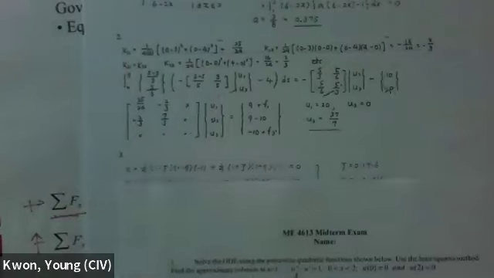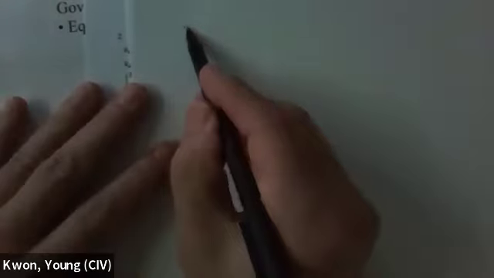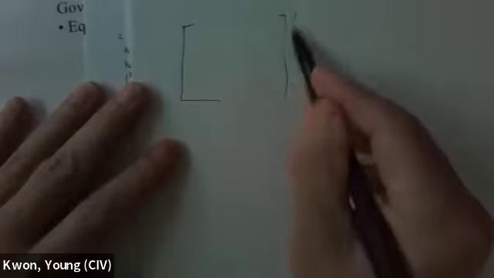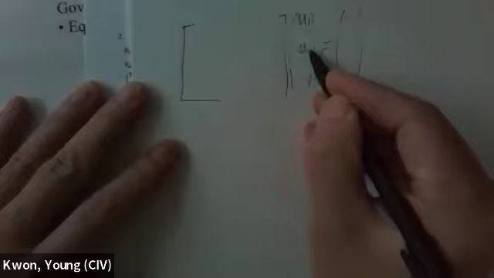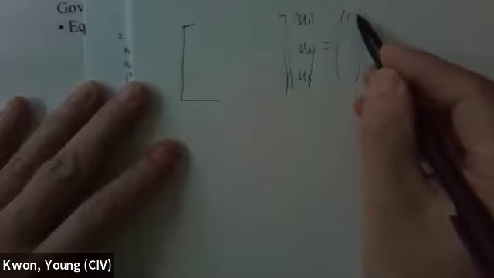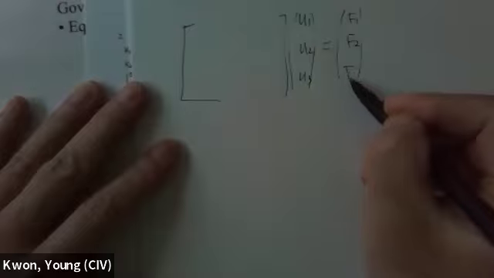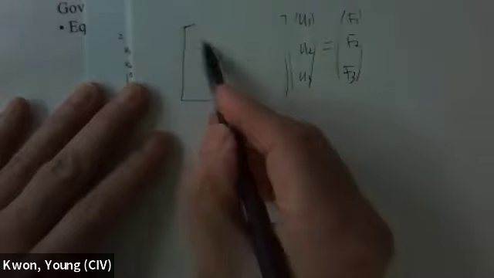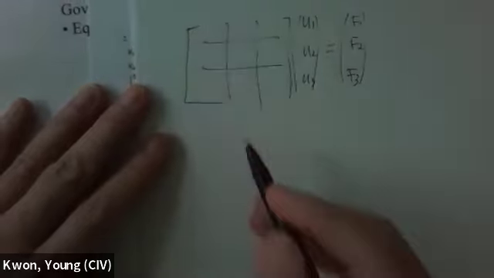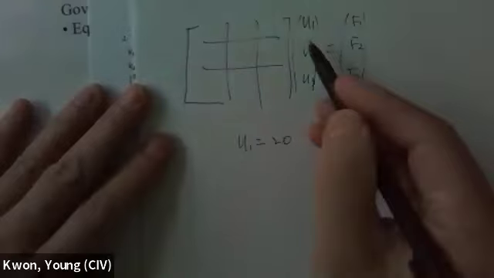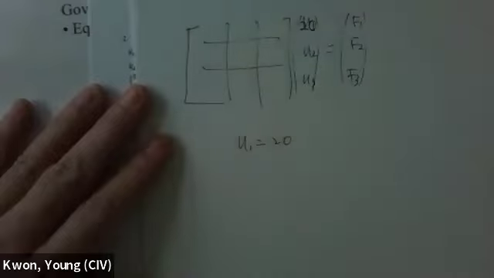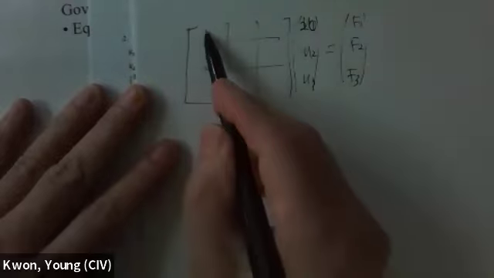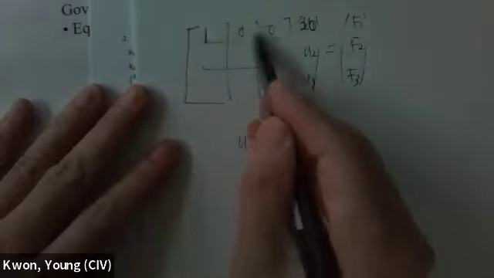One also small mistake people have made is when you have this U1, U2, U3, and then F1, F2, F3. Can you read it? And then you get a 3 by 3 matrix. So U1 equals 20, then yes, that's going to be 20, but you cannot just leave it as 20, that's not proper, because when you say 20, that means this is going to be 1, 0, 0.